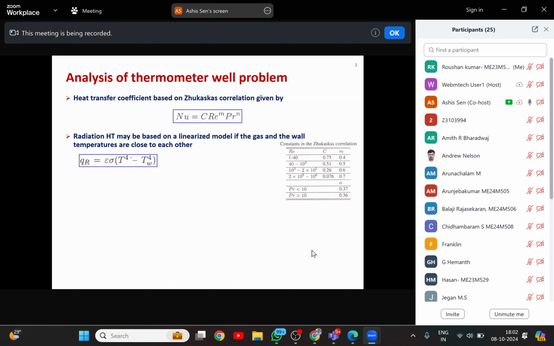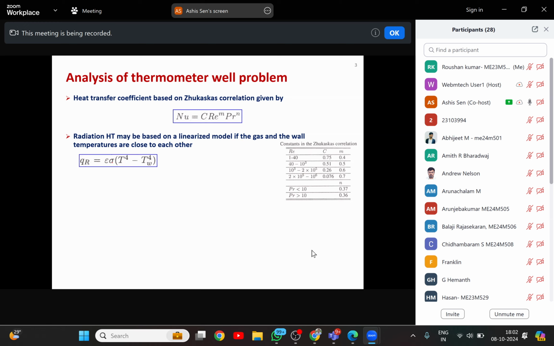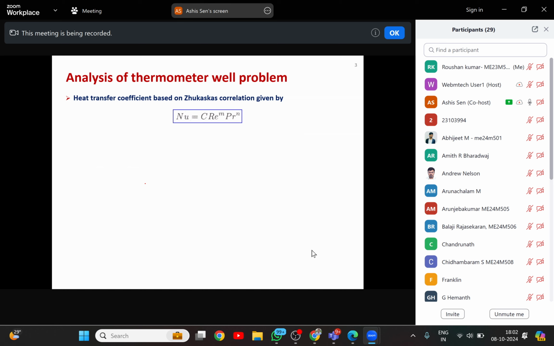We are not neglecting the radiation heat exchange that takes place between the surface of the cavity and the surface of the tube. This is the typical radiation heat transfer formula. This is the emissivity and the Stefan-Boltzmann constant. This is the temperature of the cavity at some x location, as we had seen here.